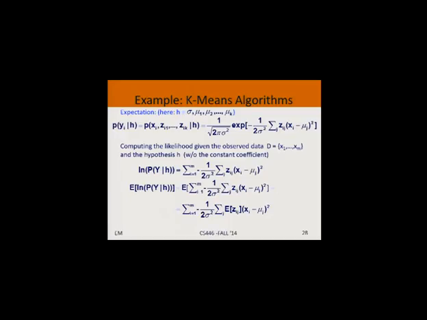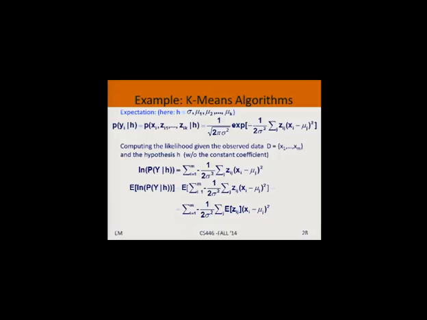Expectation is linear, so I can push the expectation inside the sum. So that's what I get: a sum over some constants, sum over the j's of the expected value of this guy, xi minus mu j. So I have an expression for the expected log likelihood.